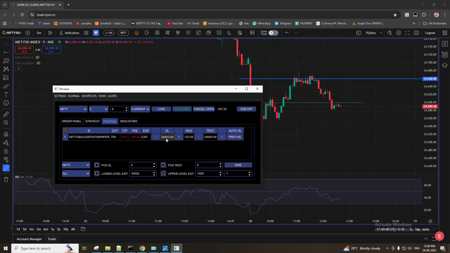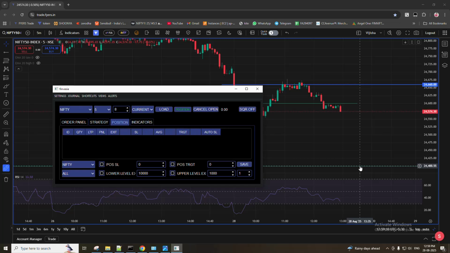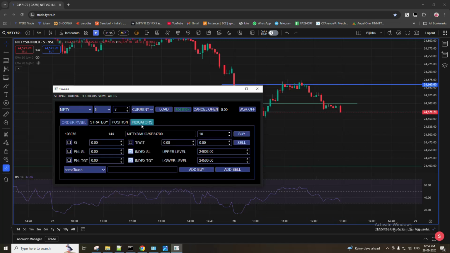Here our SL is 24603, target 24560. Okay, our target got hit and the position is exited. This is how to place index level SL on the PE side.